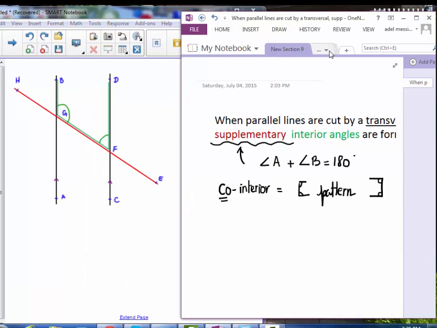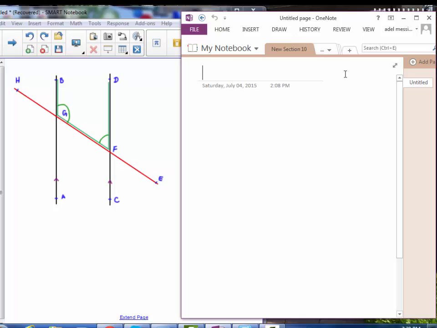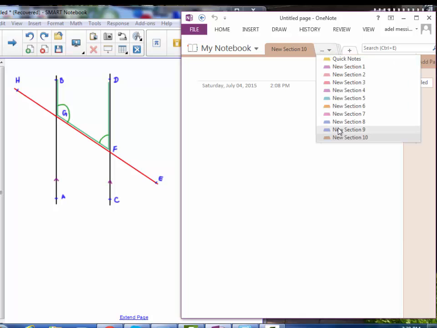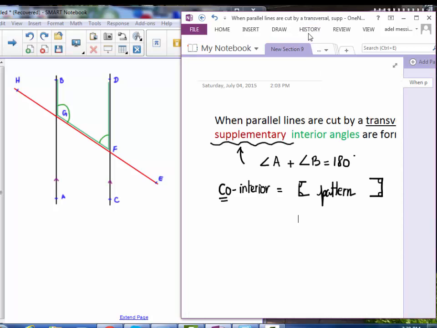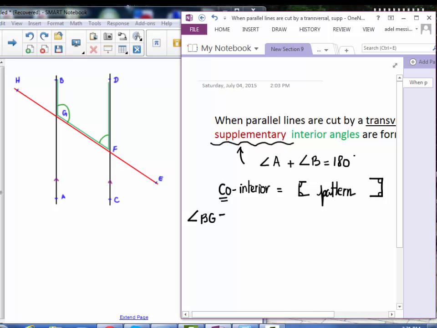So if we need to write that, we're going to write it this way. I can say that angle BGF, now I don't say equal, I say plus angle DFG equals 180 degrees.